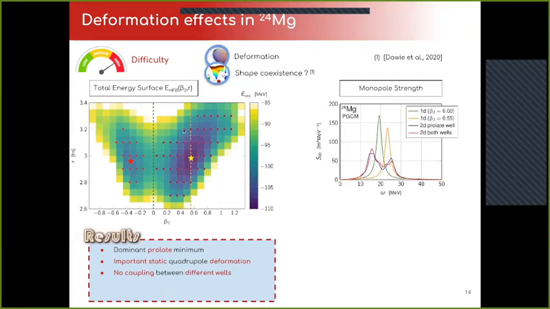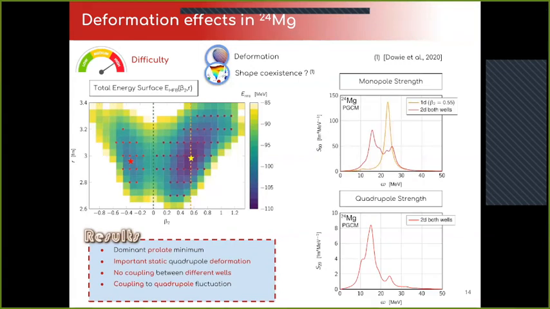I don't know if you can see, but in this prolate region, each point is both red and blue. And clearly we have different results as opposed to the previous statically deformed solution, but in general there is a good agreement between the red and the blue curve, so that there is not a significant coupling between the two different wells, between the prolate well and the oblate well.